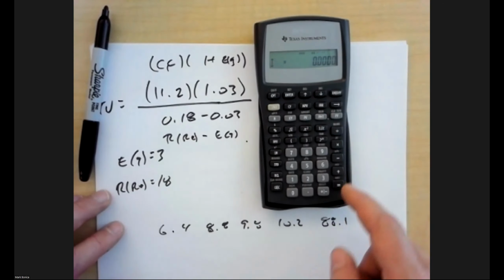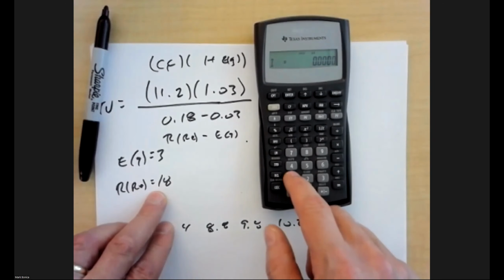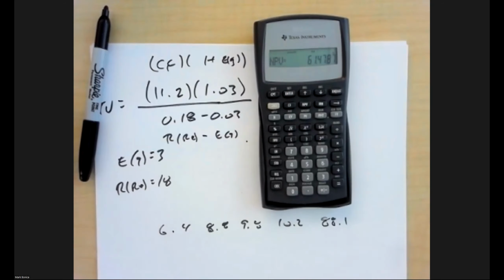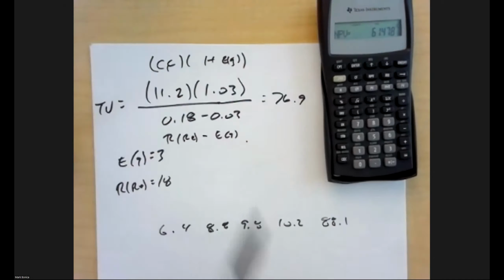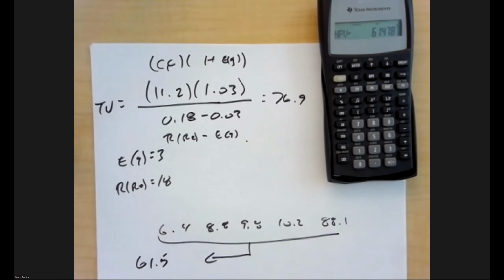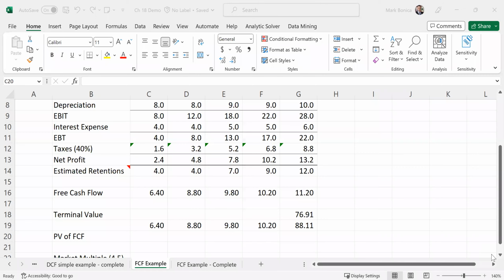And then NPV, we know that the RRE is 18. NPV: 61.47, 61.5. Everybody with me? All right. That's the kind of manual way to do it.